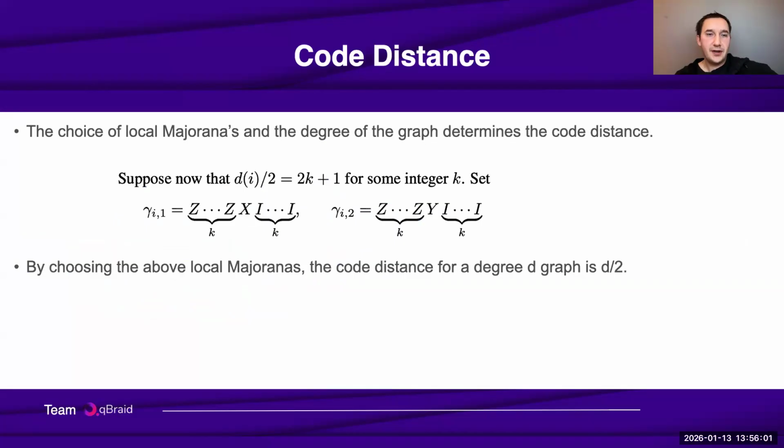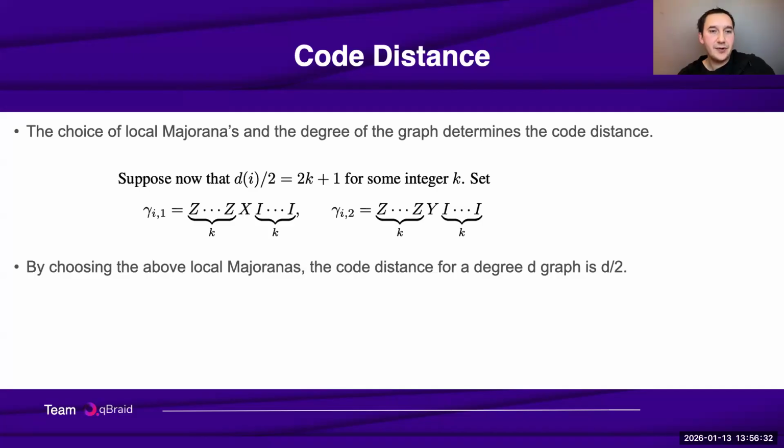So the choice of those local Majoranas between these fermionic modes defines the properties of your generalized superfast encoding. Here, we're going to use a simple choice of modes, defined in the middle. It's just cyclic permutations of these two base Majoranas.